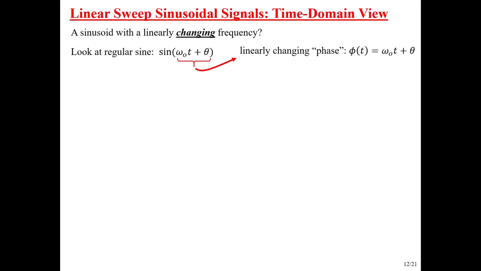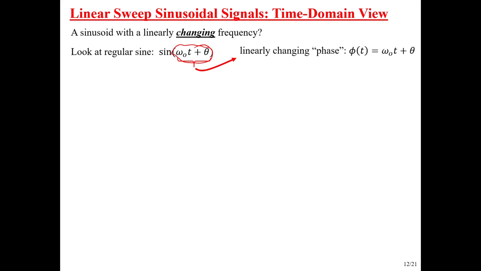So let's look at a regular sine wave, right? We see it all the time. This has a frequency of omega 0. Well, let's extract the phase, right? This is the angle of the sinusoid. So it's not just the phase shift, it's the whole time varying phase of that sinusoid. So it's linearly changing.